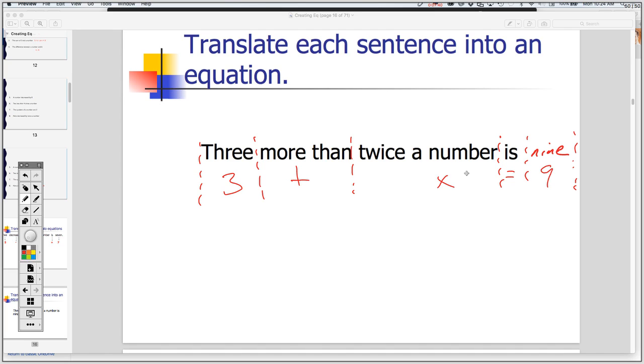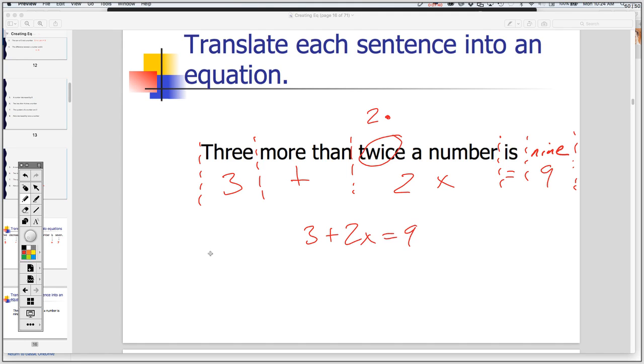So twice has 2 things going on. This word twice means 2, and it also means times. So you have to realize that when you're doing twice of something, you're multiplying. So this becomes 3 plus 2x equals 9. Okay, we're only translating, so we're not going to take the time to solve it right now. But this would be a multi-step equation, which we did in other sections.